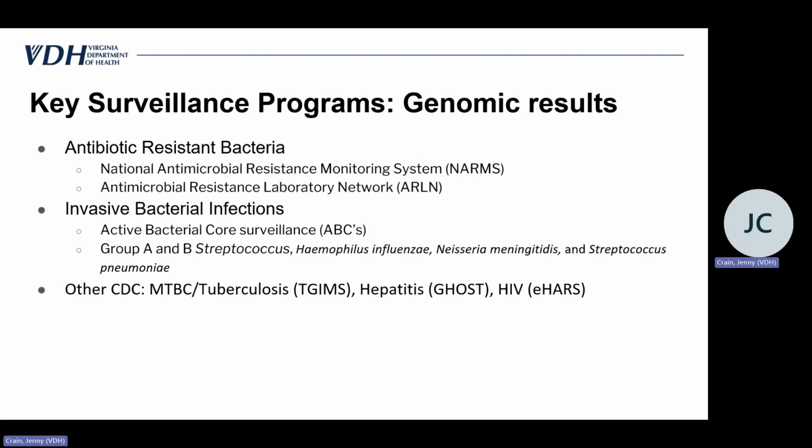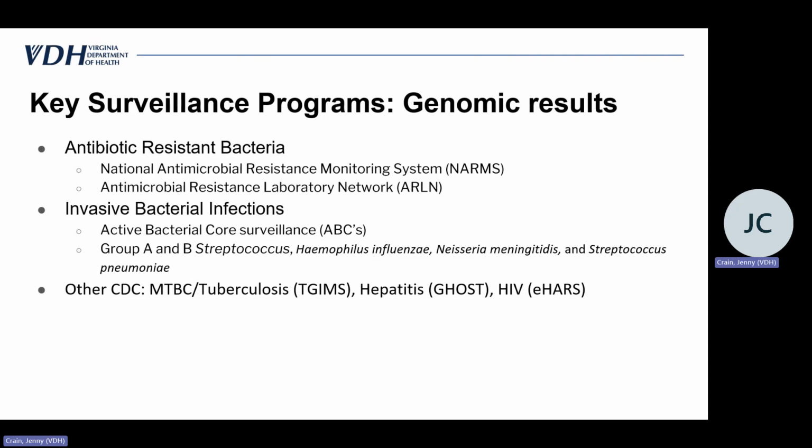Other ones, the National Antimicrobial Resistance Monitoring System, this has been around since 1996. And what's important to just mention here in terms of doing ongoing surveillance of antibiotic resistant bacteria is that the system surveils not only clinical isolates or humans, but also retail meats and food animals. So this is a multi-agency surveillance system.